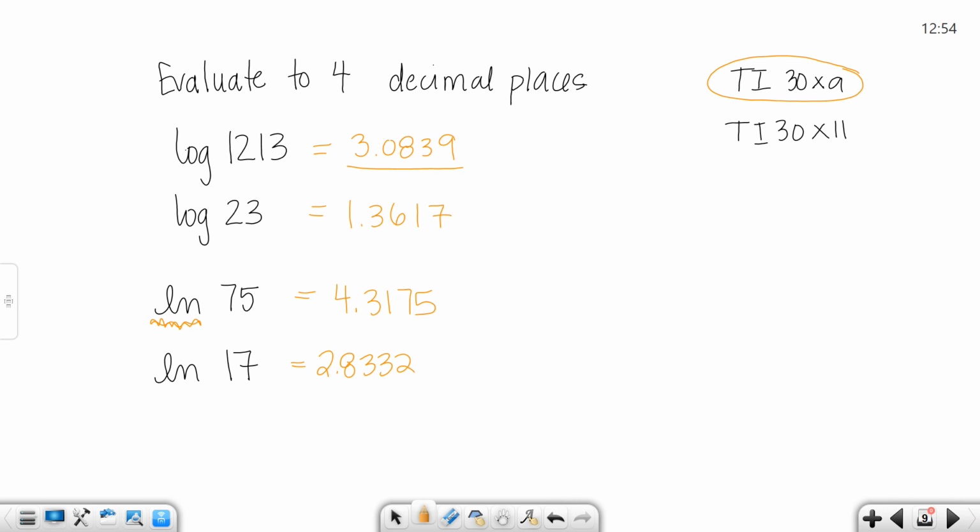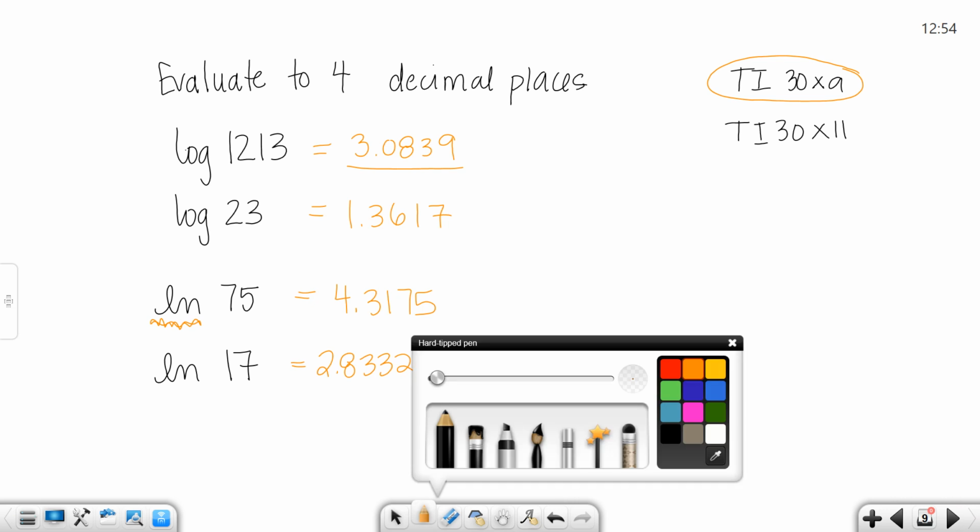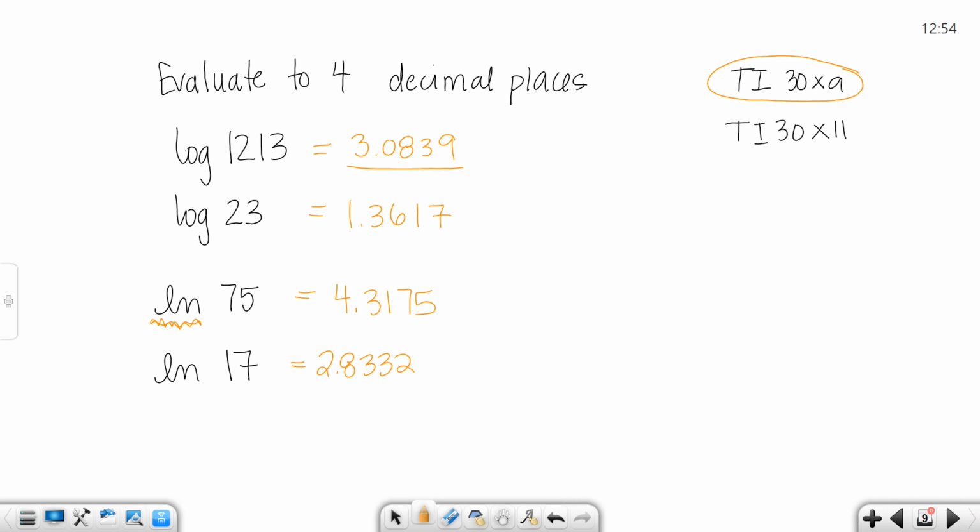Okay, now let's go back over these with the TI-30X2S. If you have the TI-30X2S, you enter the numbers differently. You start with the log.